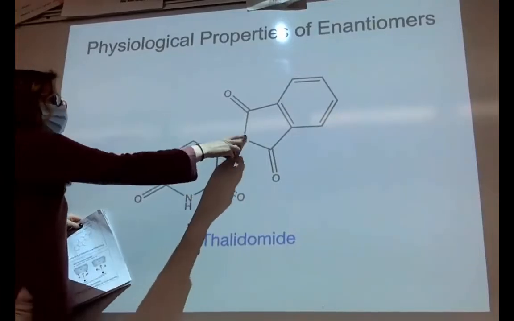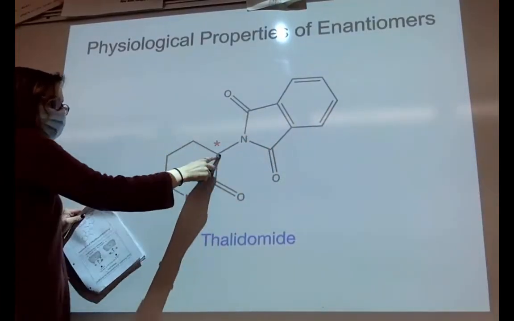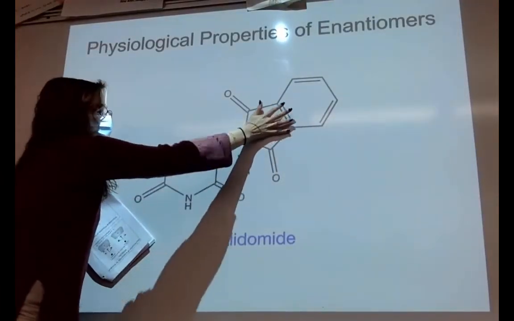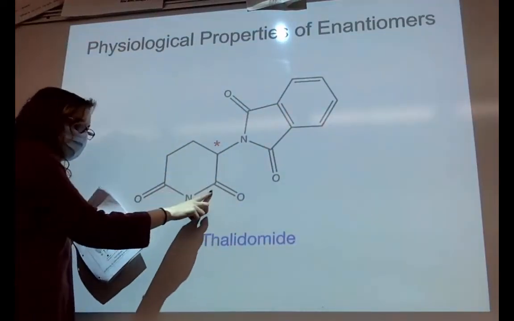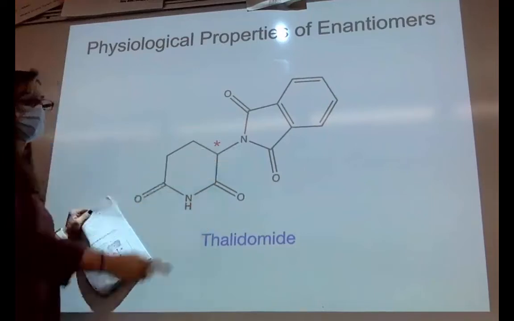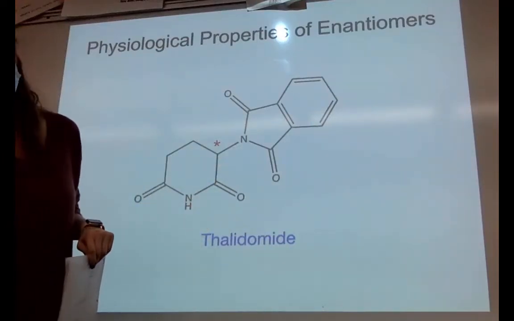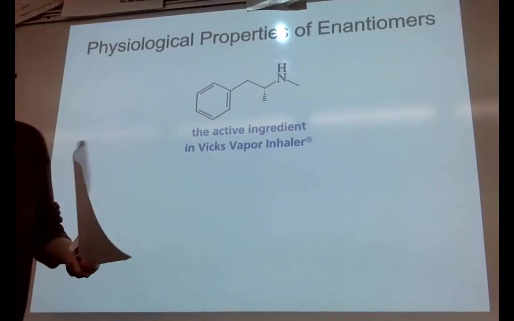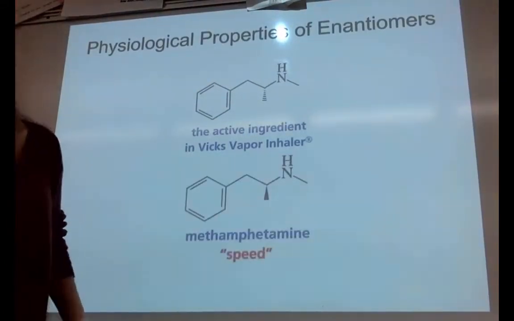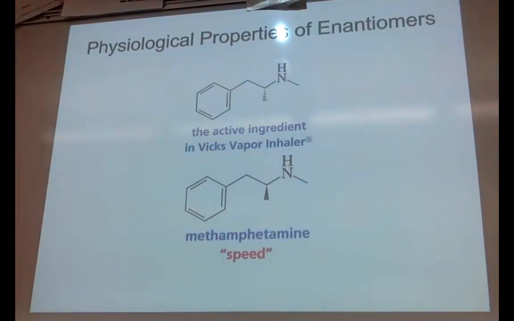Here's a chiral center. You have one substituent, this side of the ring is different, and then you have a hydrogen. So thalidomide is one example of an enantiomer. This also shows the difference between Vicks and meth.